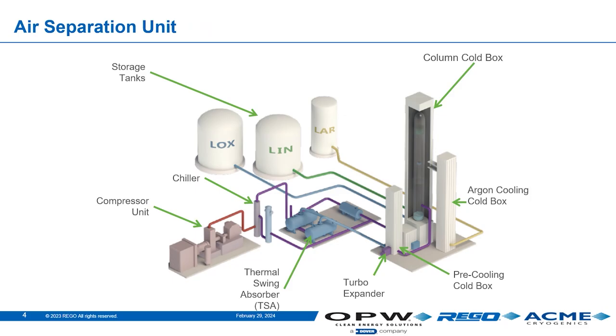The air that we're breathing then gets filtered, purified, cleaned up, and goes to the cold box, also known as a distillation column. What happens in the distillation column is you're zapping it with pressure. All inside here are nothing but trays.